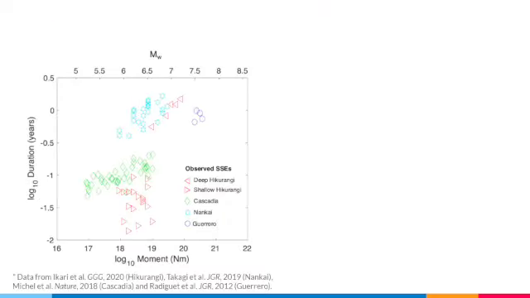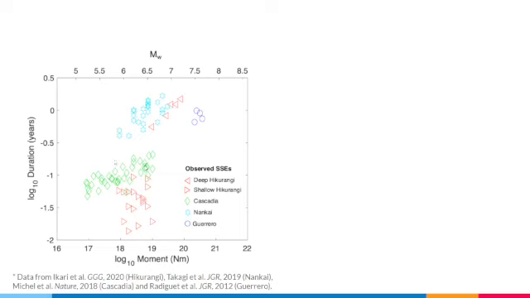So we wanted to test whether, given that the model could reproduce a broad range of properties, we could reproduce observed SSE durations and moments. We selected target SSEs, both long-term and short-term events. For long-term, we include deep Hikurangi SSEs, Nankai SSEs, and Guerrero SSEs in Mexico.